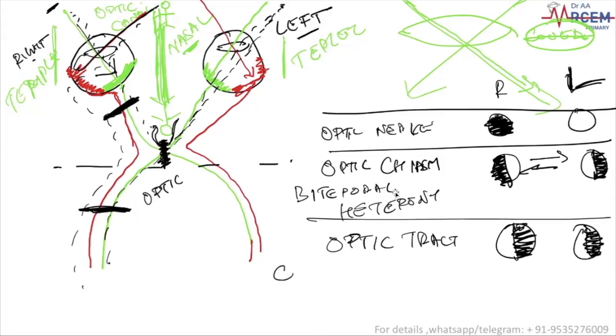Contralateral because the right side is involved, but the lesion here is on the left side. Same thing on the left side. That's why, naming wise, it is named contralateral homonymous hemianopsia. Homonymous is not heteronymous.